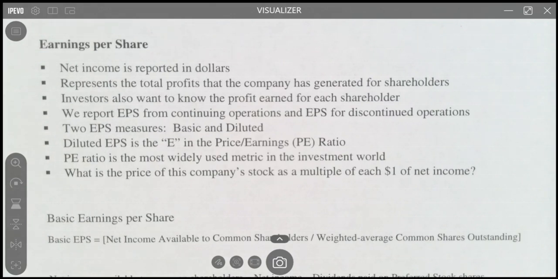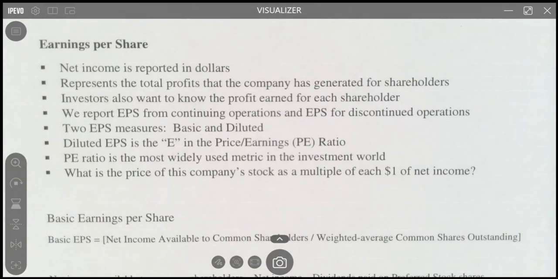You might be wondering, what's the price to earnings ratio? The price to earnings ratio is very important. It's a very widely used metric. And it shows the price as a multiple of the most recent 12 months earnings per share, and specifically diluted earnings per share. What that allows us to do is compare across companies.